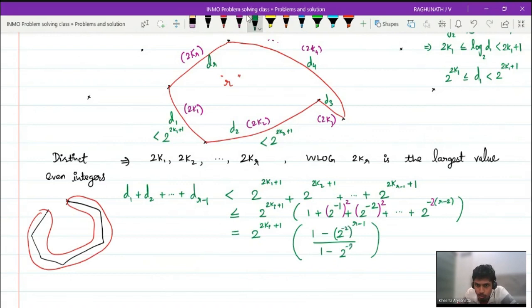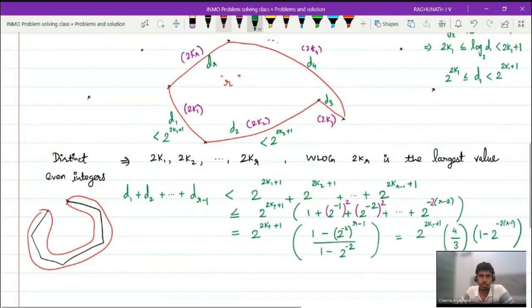So now, just simplifying this, you get 2 power 2ki plus 1 into 4 by 3 times 1 minus 2 power minus 2 into r minus 1. Now again I will find the upper bound of this by dropping this term.